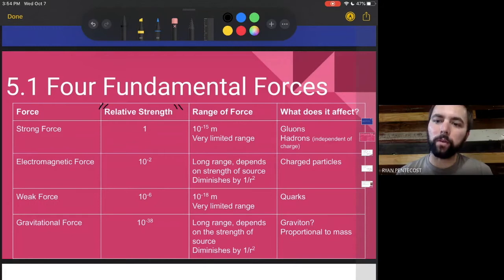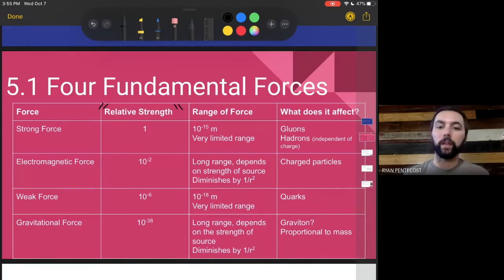That is the same force, however, that is responsible for magnetic fields around our planet or around our sun. That is also caused by electromagnetic forces. And chemical bonding. Chemical bonding is also caused by electromagnetic force. You've got covalent bonds, ionic bonds, even metallic bonds are all caused by the sharing of electrons with the electromagnetic force.